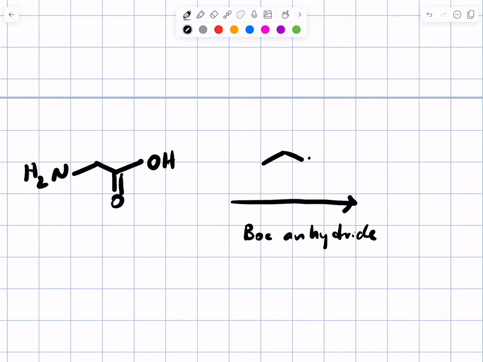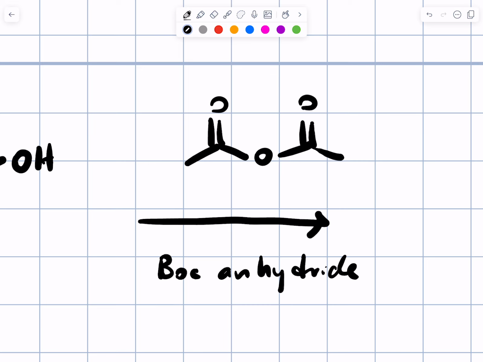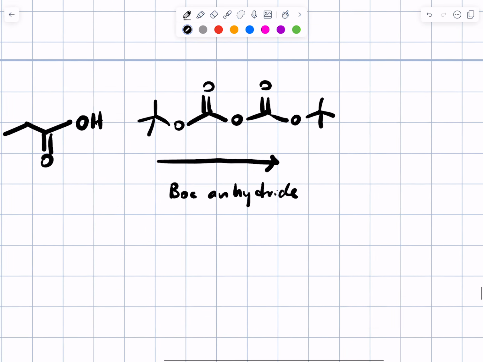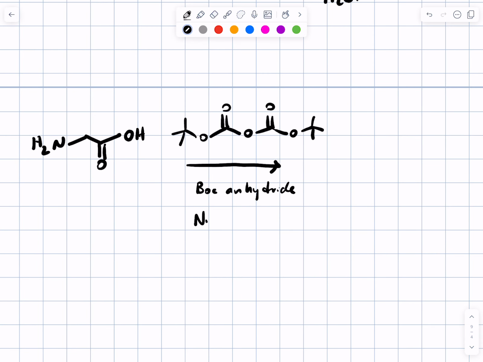This is like an anhydride that you've seen before from chapter 16, only instead of R groups on either side, you're going to have the tert-butyloxy groups from Boc. And this is basically going to do nucleophilic acyl substitution.